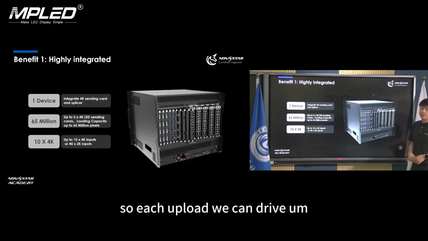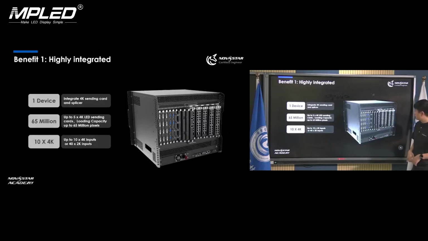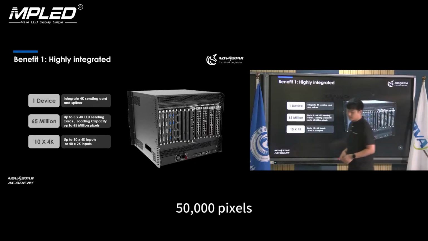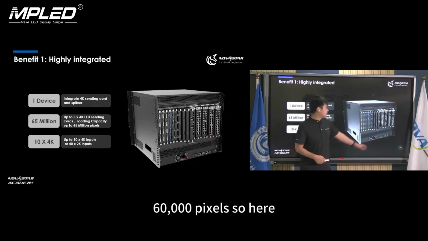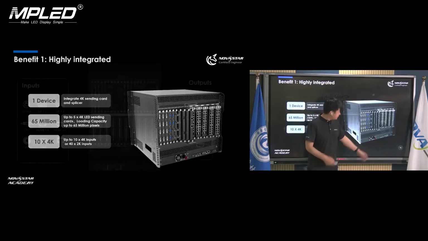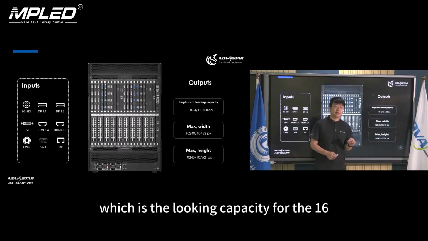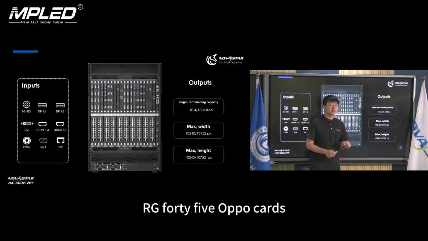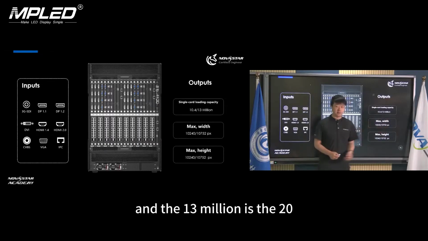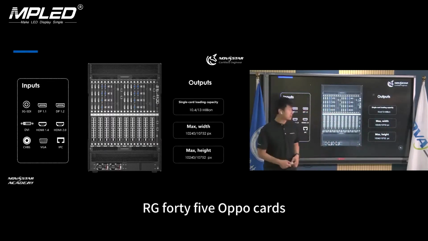So each output we can drive 50,000 pixels, 60,000 pixels. So here we see 10.4 million pixels, which is the loading capacity for the 16 RJ45 output cards, and the 13 million is for the 20 RJ45 output cards.